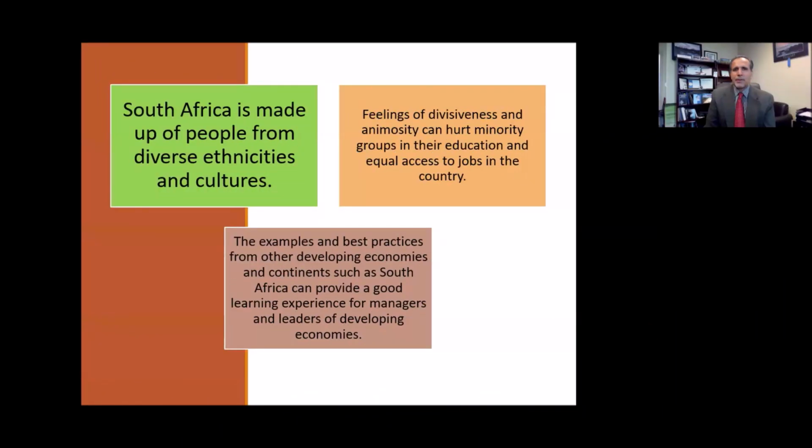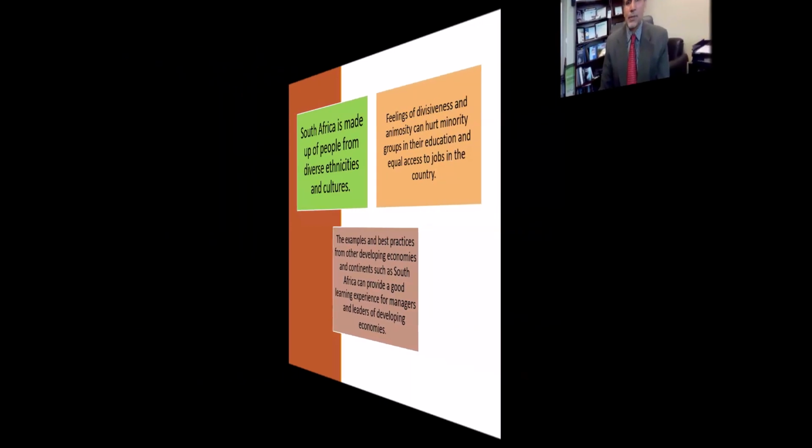South Africa is made up of people from diverse ethnicities and cultures. So the more we learn about best practices of affirmative action in South Africa or in North America, the more we can apply them to any nation that needs such opportunities and programs.